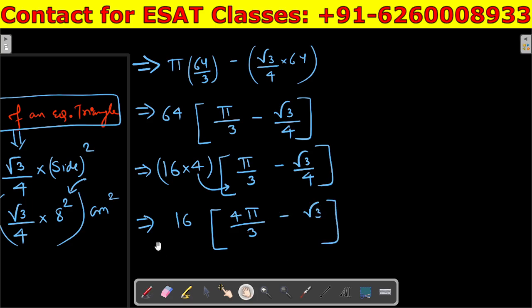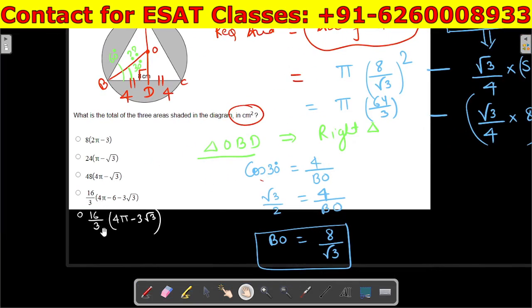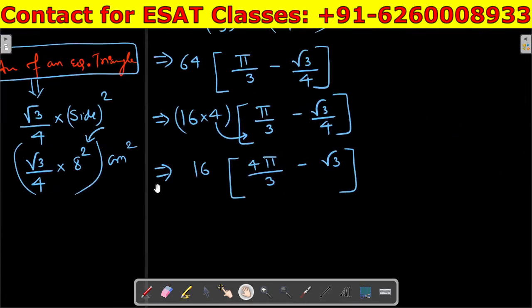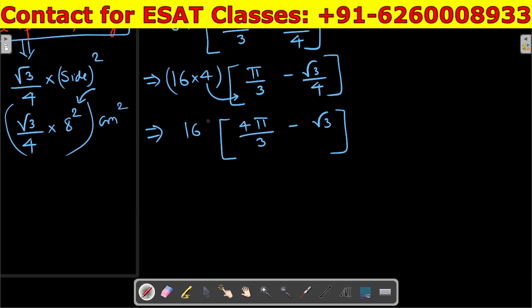Now please see the options. Yes, there is an option having 16 in the numerator outside. Now I want 3 in the denominator as well. So I can take the LCM. If you take the LCM, it's 3, and it's 4 pi minus 3 root 3.